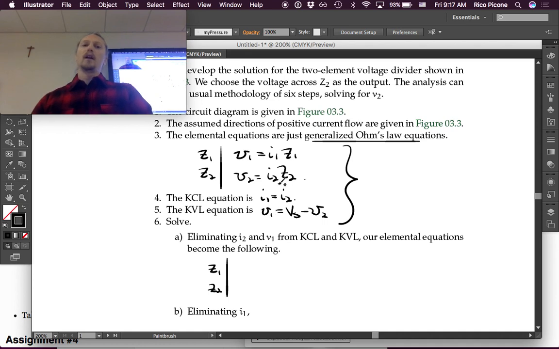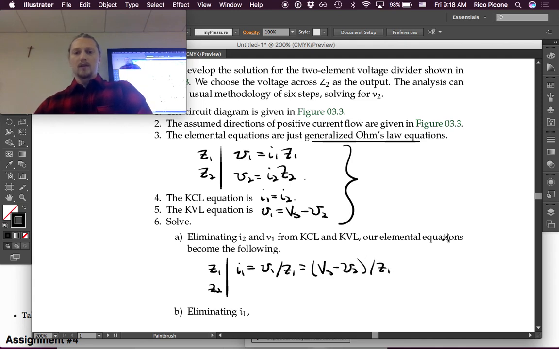For Z1, we want to eliminate V1, so I1 equals V1 over Z1, where we eliminate V1 using the KVL equation: Vs minus V2 divided by Z1.